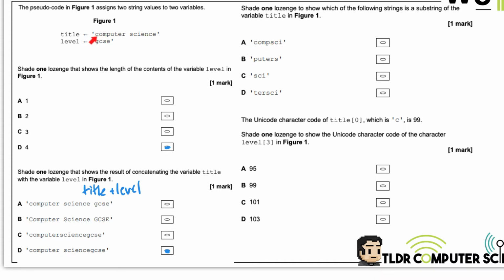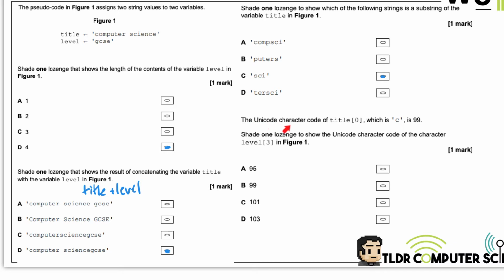Now, comp appears here and ski appears here, but they're separated by uter and a space, so it doesn't work. Pewters, well, you've got pewter, but then there's a space and an S, so what would be that? Ski, so there you go, SCI, that definitely is a substring. And then terra ski, again, there's a space, so it's this one here, it's ski. So a substring is a continuous list of characters inside it.